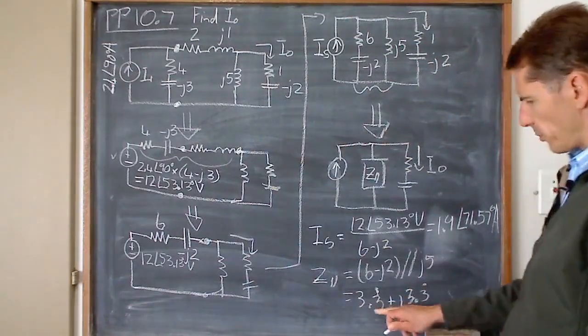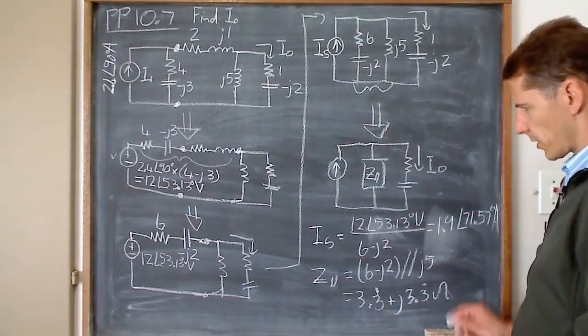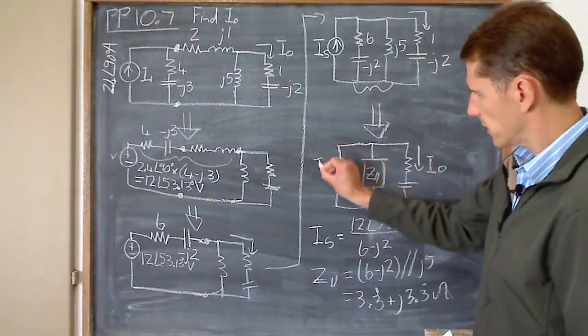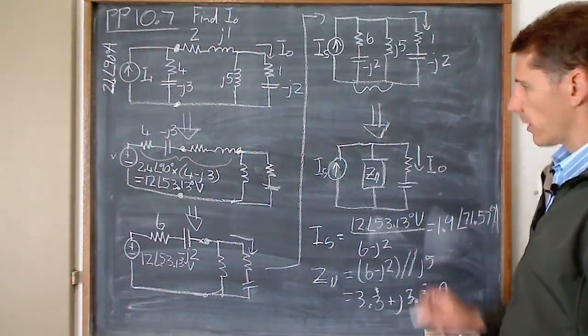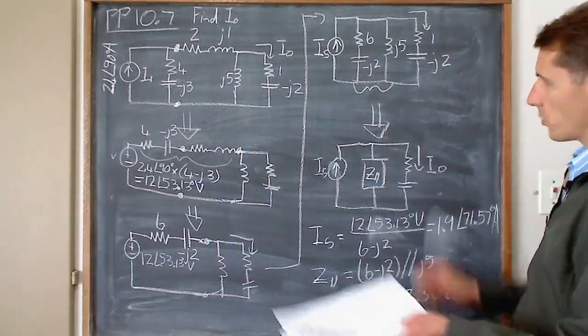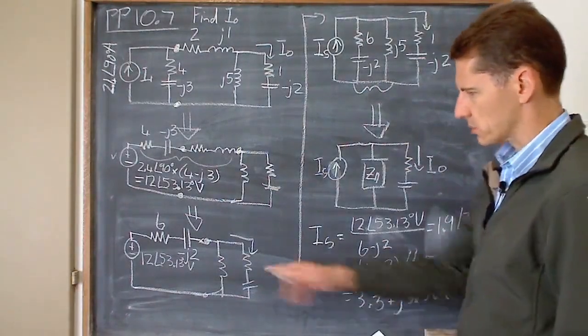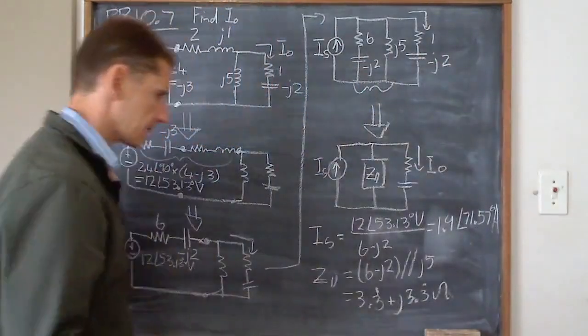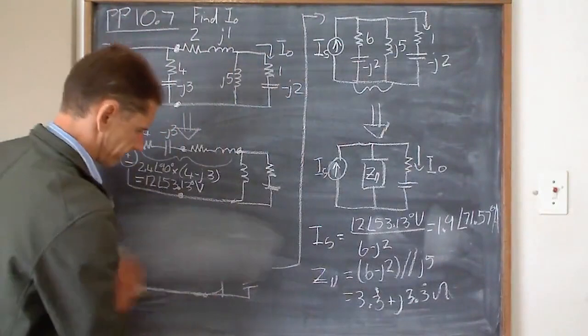That's interesting. 3.333 plus J3.3333 ohms. Okay, so I've got IS, I've got Z parallel. Now I can go and calculate I out somewhere where I don't have any space left. So let me just do it at the bottom here.